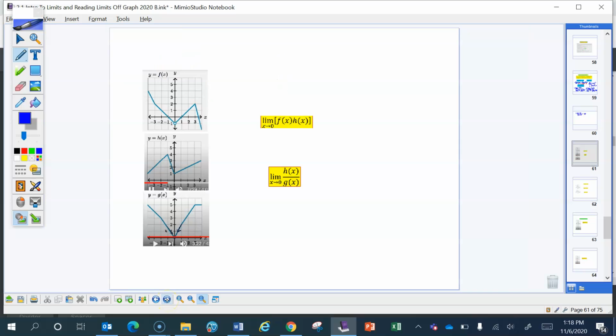Okay, let's take a look at some of these same properties dealing with values off of a graph. So now I have the limit as x approaches 0 of f of x times h of x. So this is really the limit as x approaches 0 of f of x times the limit as x approaches 0 of h of x.